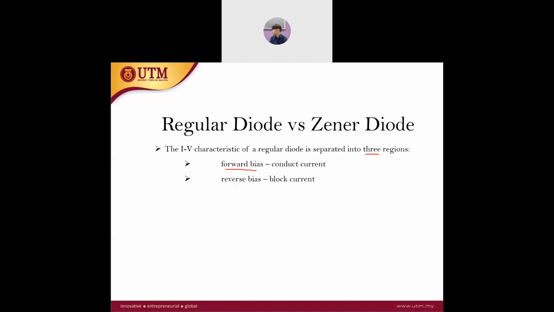Second, reverse bias, where the current is effectively blocked, or a very small current flows, as if there is no current, like a block of current for ideal diodes. Next, the breakdown region, where the diode will potentially overheat and be damaged.